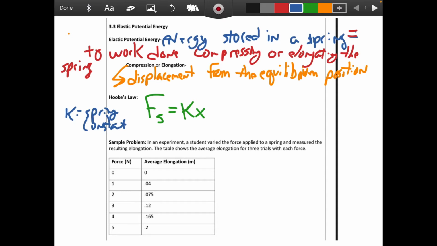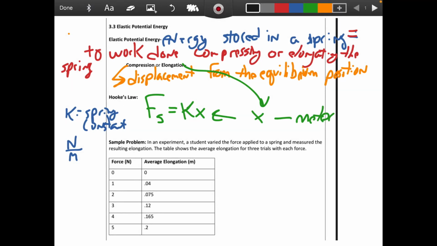So a really high spring constant is going to be a very strong spring, and a very low spring constant will be very easy to move that spring. And a spring constant has units of newtons per meter. And then x is either the compression or elongation. So that's going to be always in meters.